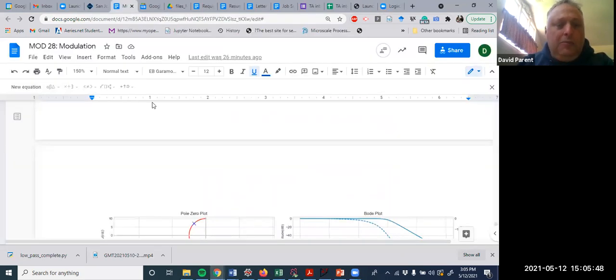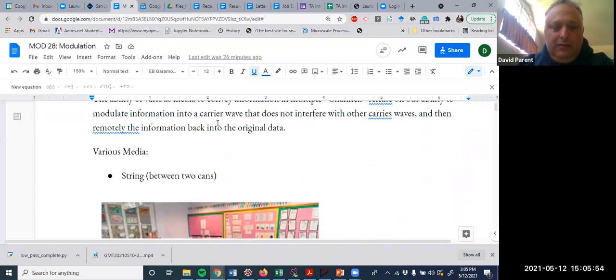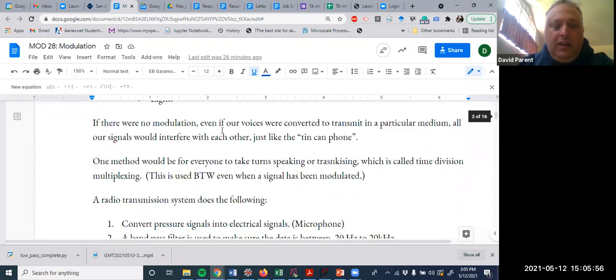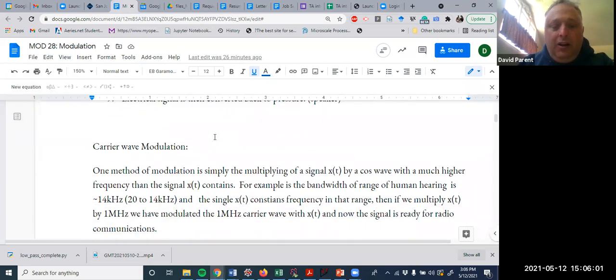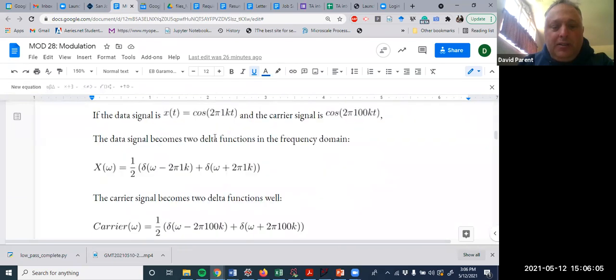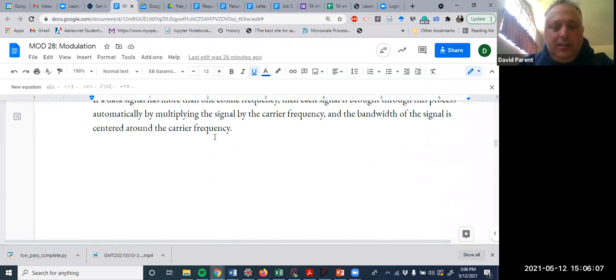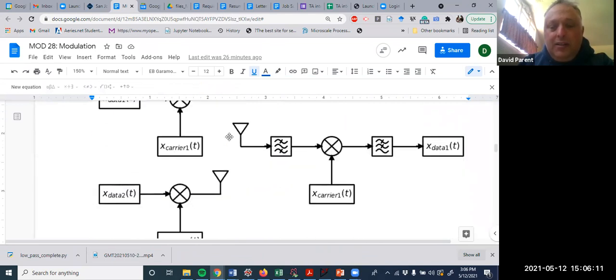And so for module 28, okay, I went and added things. I'm just telling you that they're here, and then I'll go over it. But pretty much that remains the same. But then I actually have a modulation example.